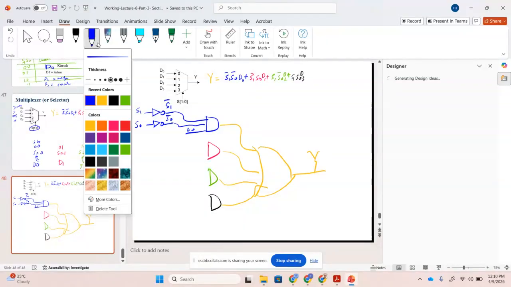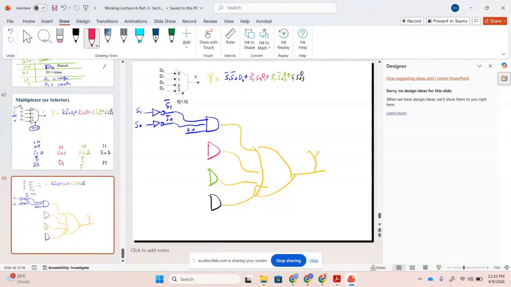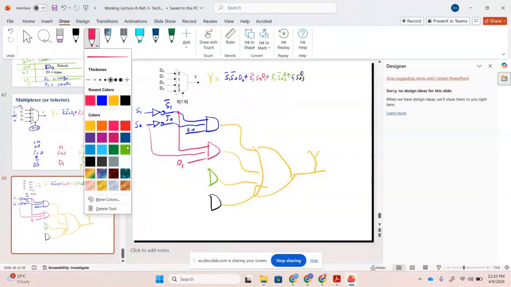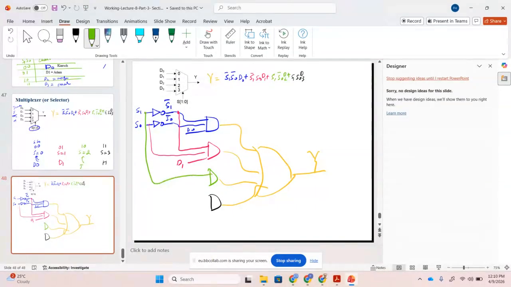Now I'm going to use this. So we have S1 bar, which is here, and S0, which is here. And now we have D1 here. What about the green one? The green one is S1, which will come from here. The second thing is S0 bar, which will come from here.